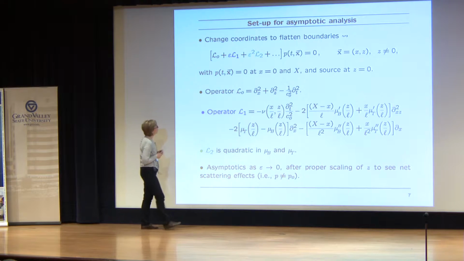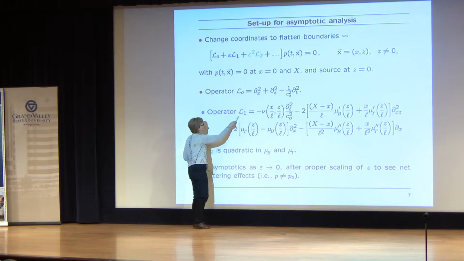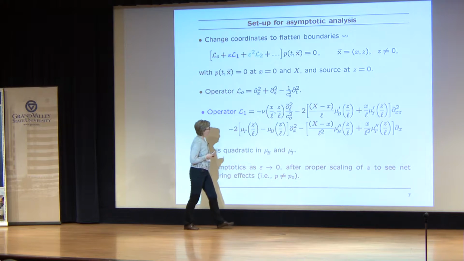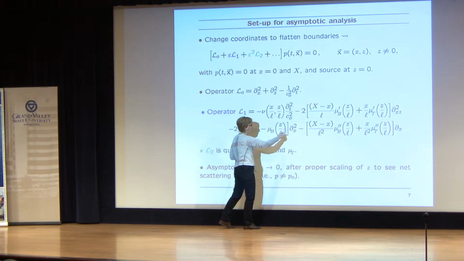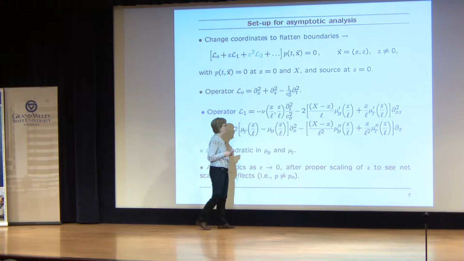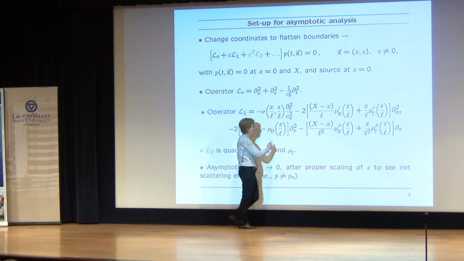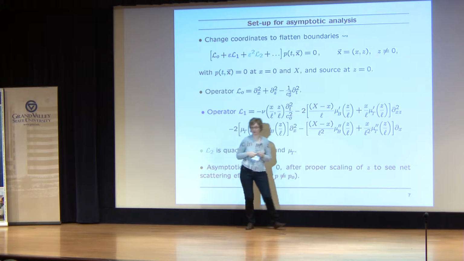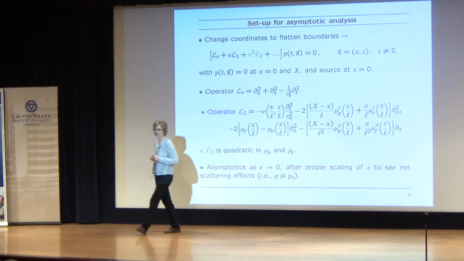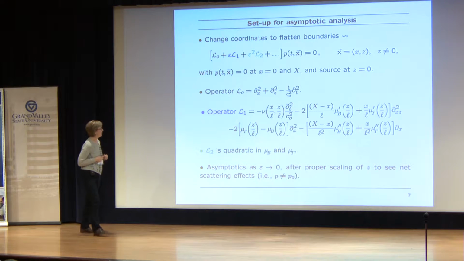The next order, this operator L1, is a partial differential operator that looks like this. You see that this operator has random coefficients. These are the fluctuations in the medium, and the fluctuations of the boundaries. So this first order perturbation looks like that.